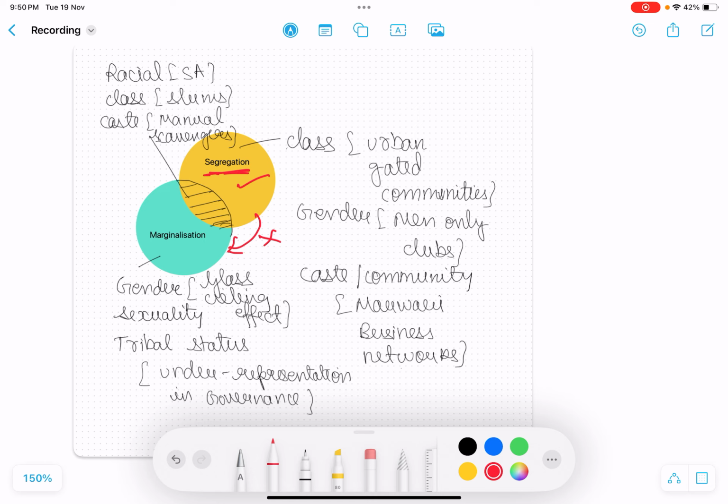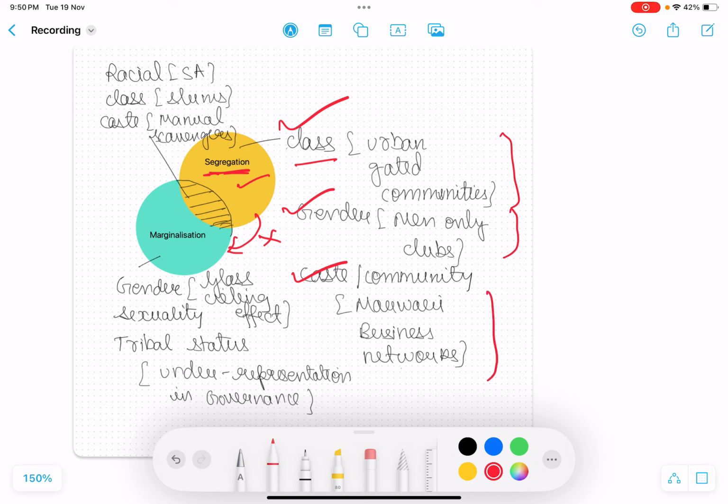Let's look at people who are living in upper class gated communities. These are privileged circles. They're physically separate, but this does not result in marginalizing them, undervaluing them, reducing their significance, right? There are men only clubs often where women are not a part of it. That's segregation. There are caste communities which are organized on a caste basis, but in a beneficial way.